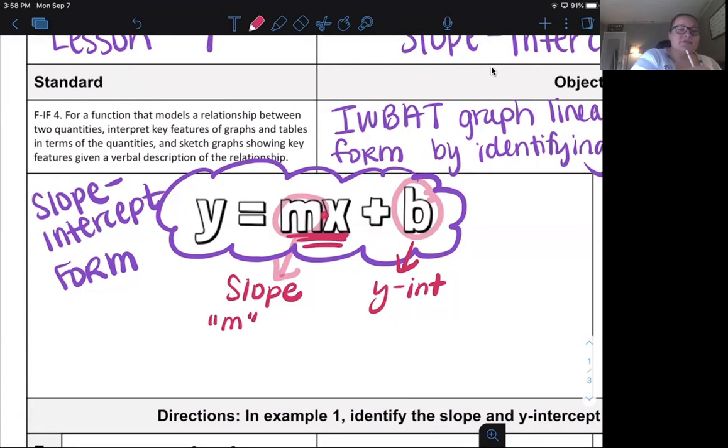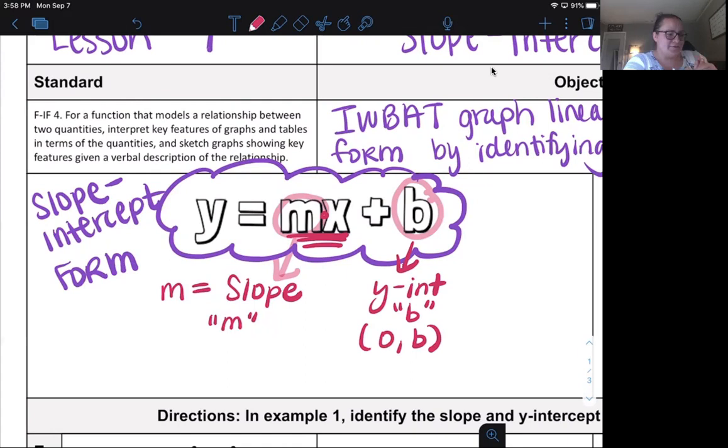So m equals the slope. Your y-intercept is always b. And whenever you write your y-intercept, you want to tell me it as a point, and you're always going to write it as (0, b), because to have a y-intercept, the x value of that point will always be 0. We'll talk about that more when we get into graphing.